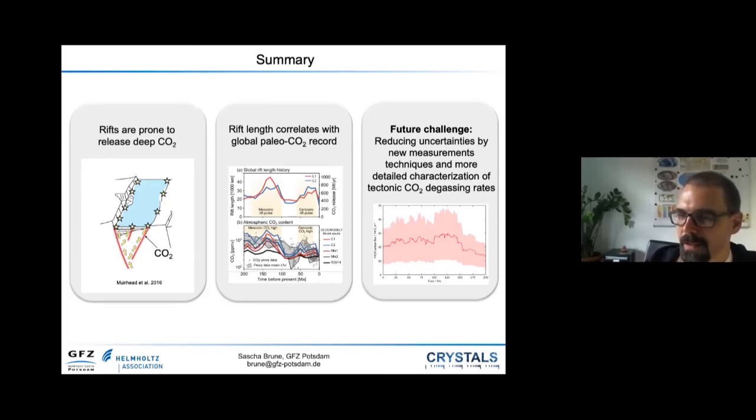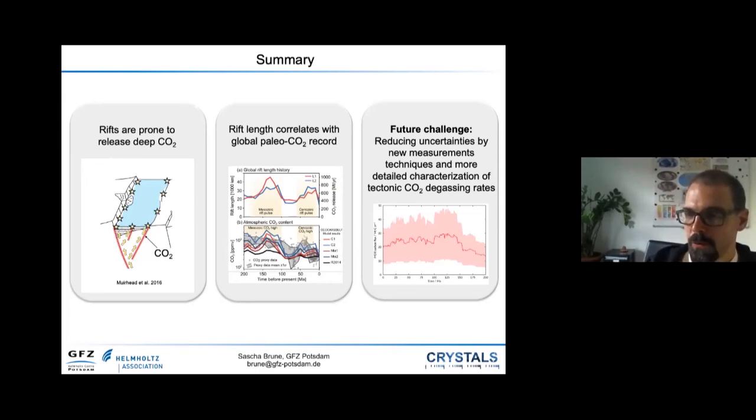For rifts, I think the impact is a bit less obvious because rifts are much slower than most of the other plate boundaries. In East Africa, in Kenya, there's a 2 millimeters per year extension rate. This is an order of magnitude smaller than the subduction fluxes. But of course, there's a change in the kinematics of the rifts.